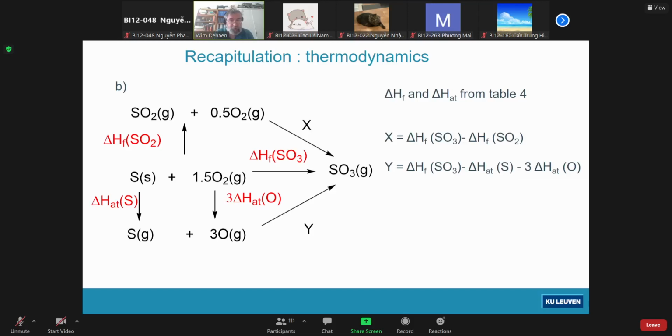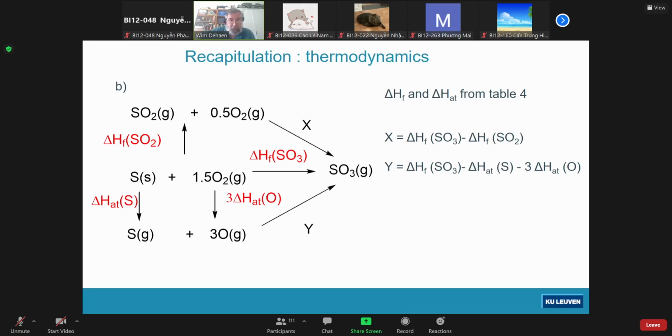SO2. So we can close this circle by having the step X, and the energy difference for the step X will be the formation enthalpy of SO3 minus the delta H of SO2.